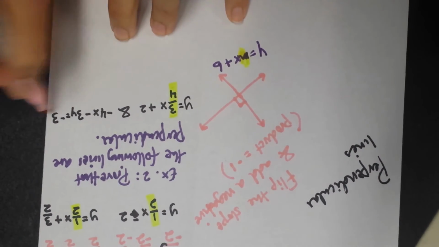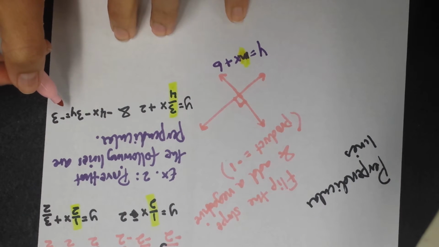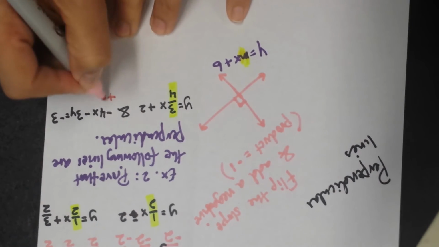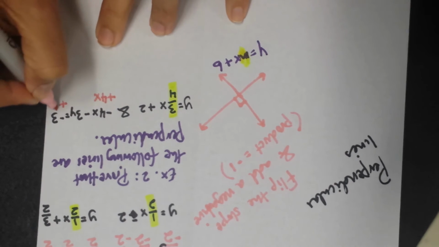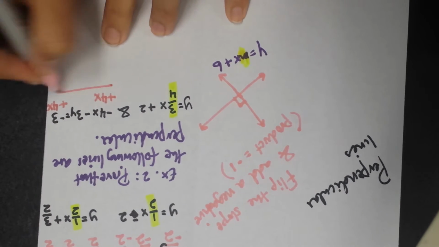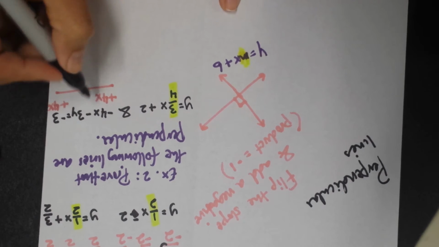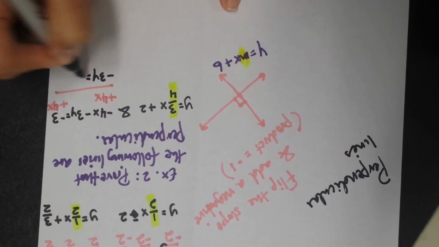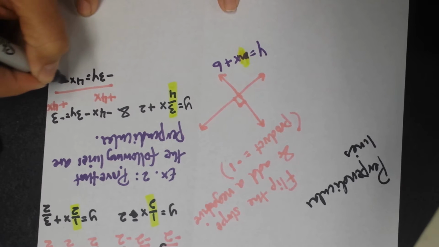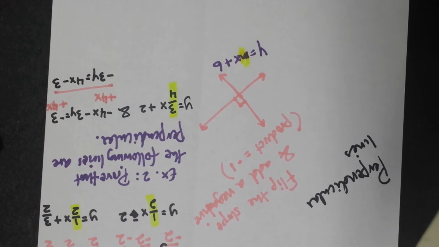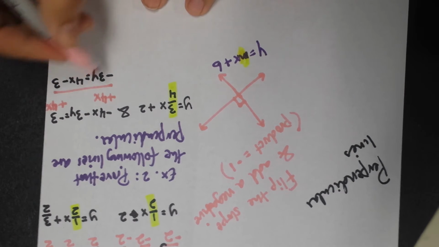What are we going to do to both sides first? Add 4x. So we'll get negative 3y equals 4x minus 3. Now what are you going to do? Good.